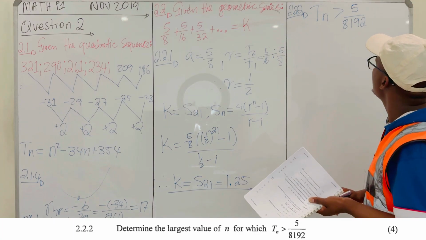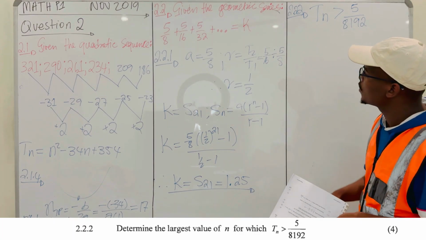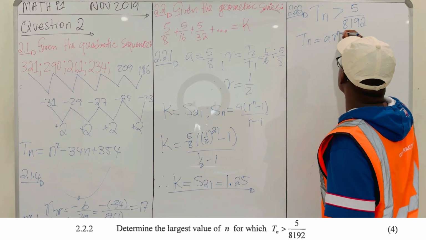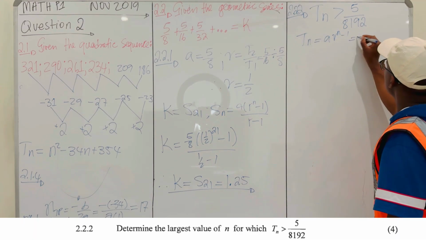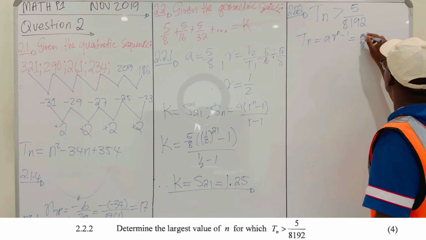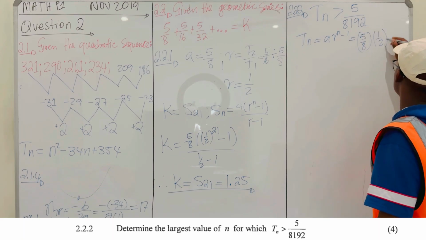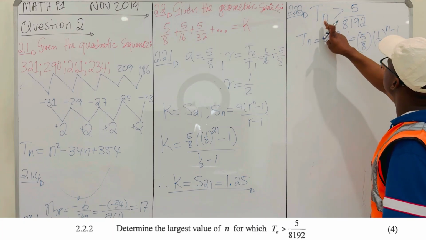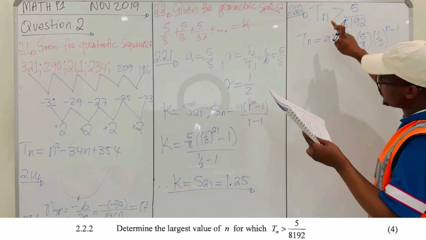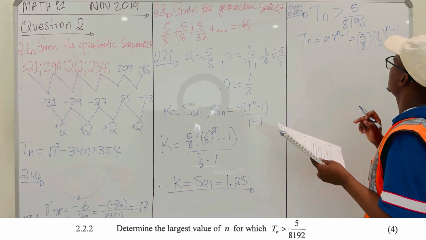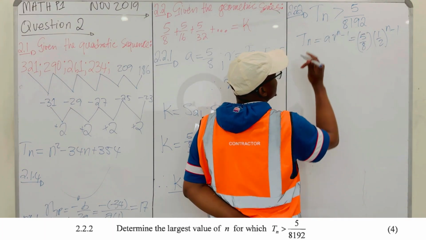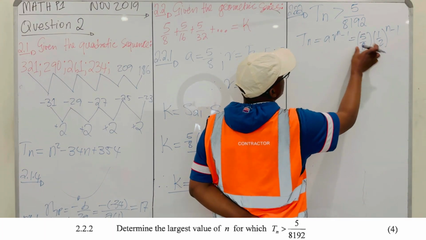No problem. What is Tn? Tn is the nth term, which is Tn is equal to a r raised n minus 1. Your a is 5 over 8 into r is 1 over 2 raised n minus 1. So we want the largest value of n so that Tn is greater than this. Substitute it here.